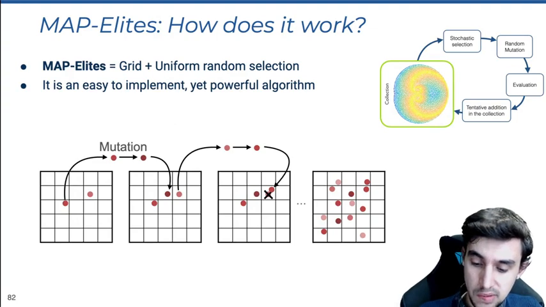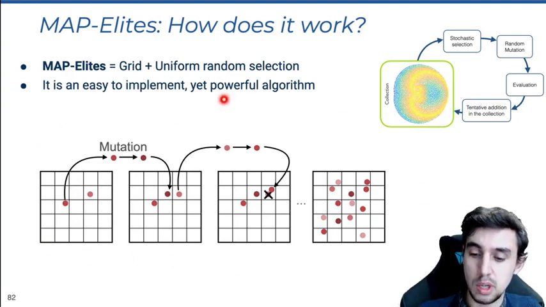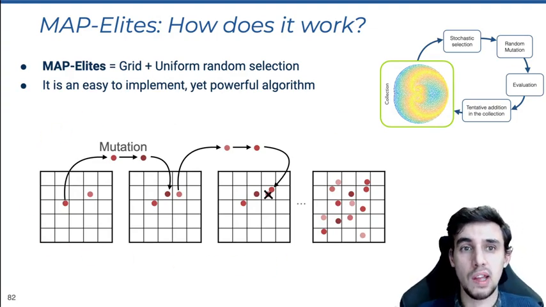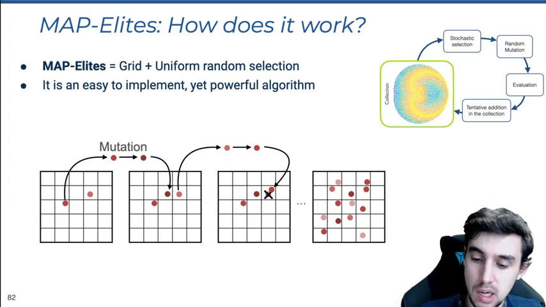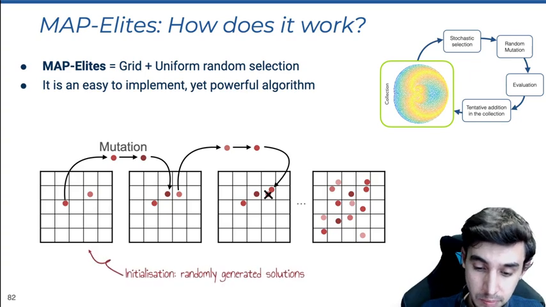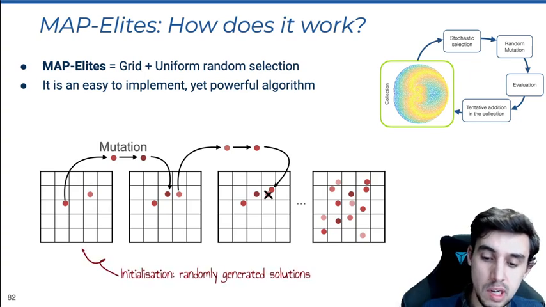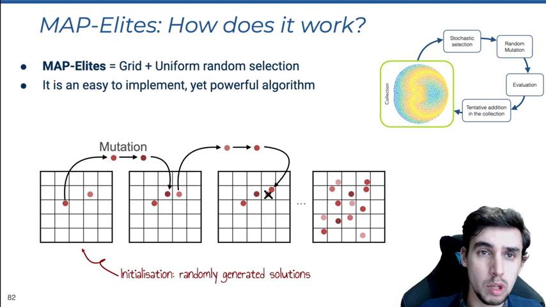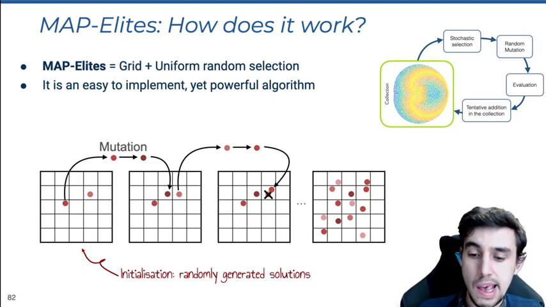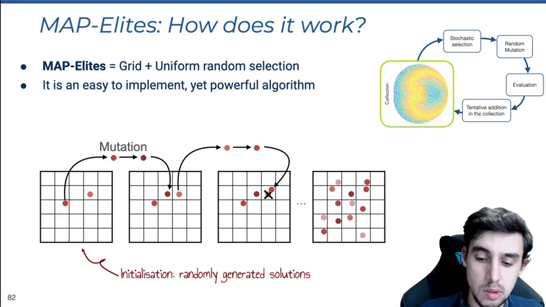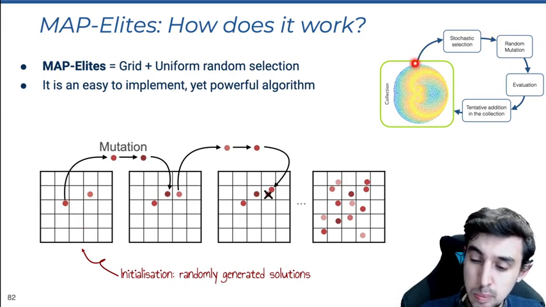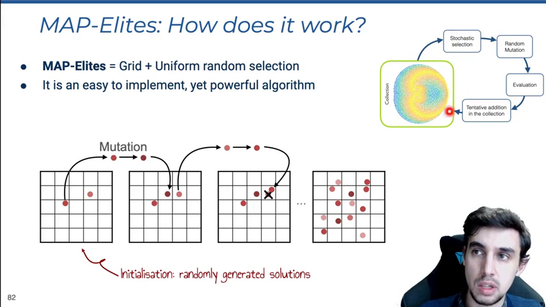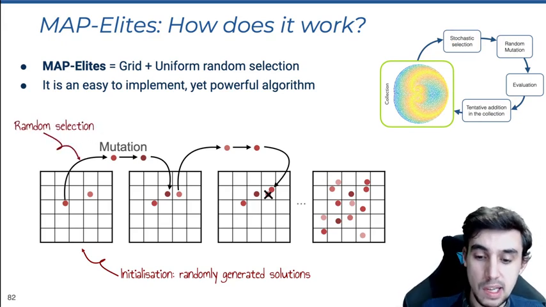So then, in this slide, we have the entire pseudocode of the algorithm, and actually I don't need anything more complex than this because we're just following this schema here, where we initialize some solutions in the grid by randomly generating solutions and adding them to the grid, like those 2 solutions here. And then we enter the loop, the typical generation iteration of an evolutionary algorithm, where we select a solution.